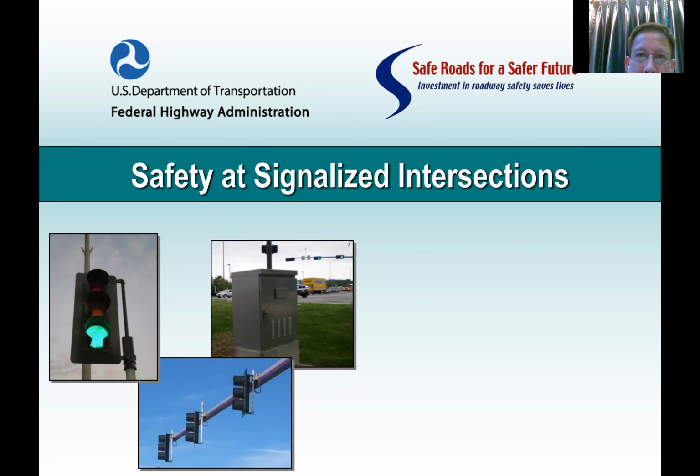Sorry, three. First is human. Second is vehicle. And the third is roadway and environment. Okay, three broad components: human components, vehicle components, and road and environment components.